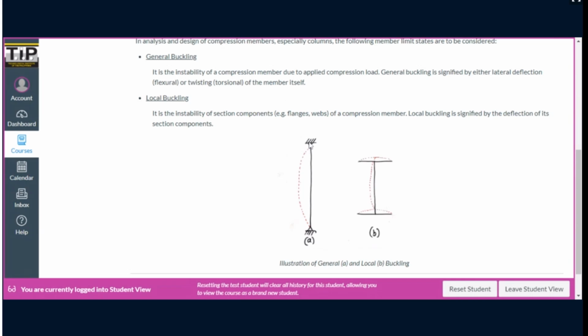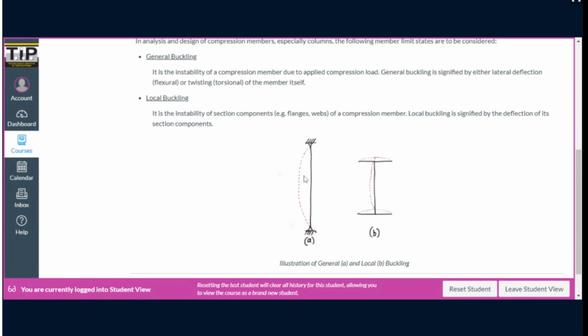Okay, in some cases, if you apply compression here, instead of shortening, we will actually encounter some sort of bending, either in this direction or the other direction, the out of plane direction. Okay, so that deflection right there is what we call general buckling.